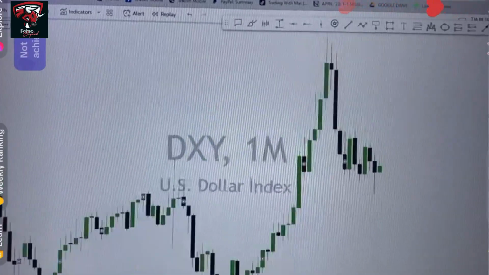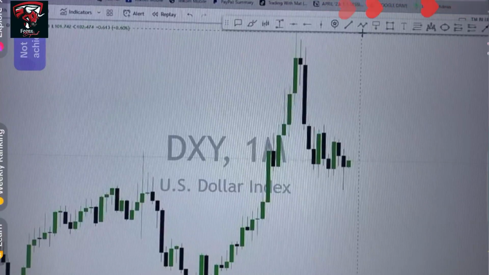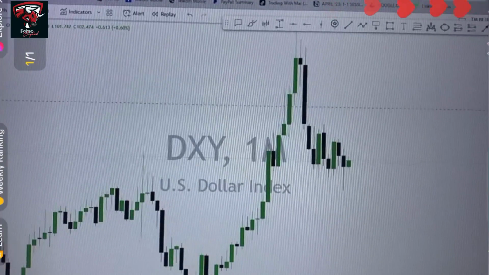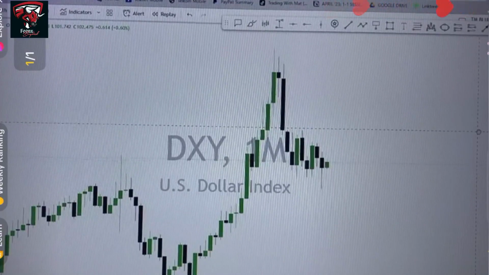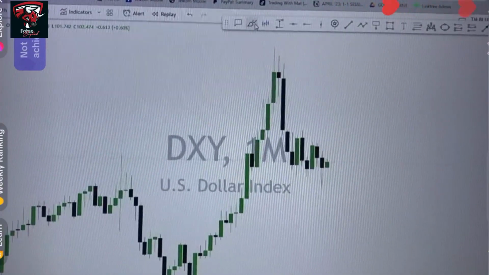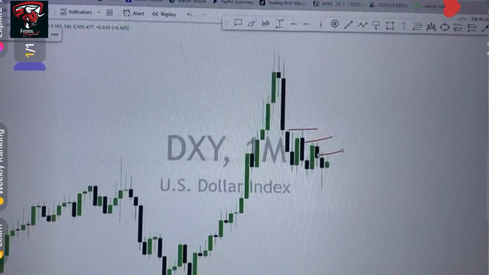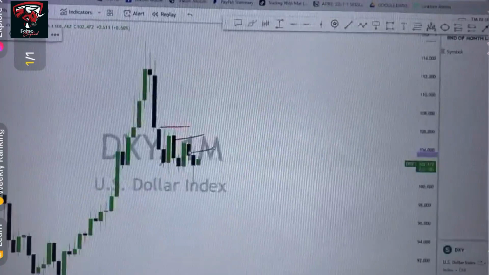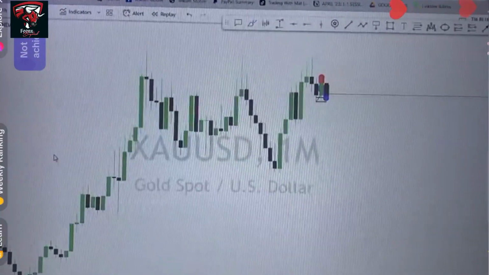1 month. Do you guys see something? Do you guys see this pattern? Did we not talk about this a few weeks back on gold? Let's go back onto gold quickly. Look at the daily time frame on gold.